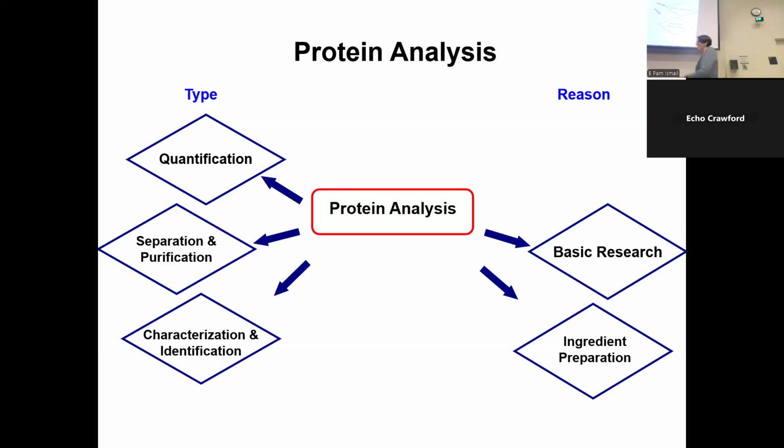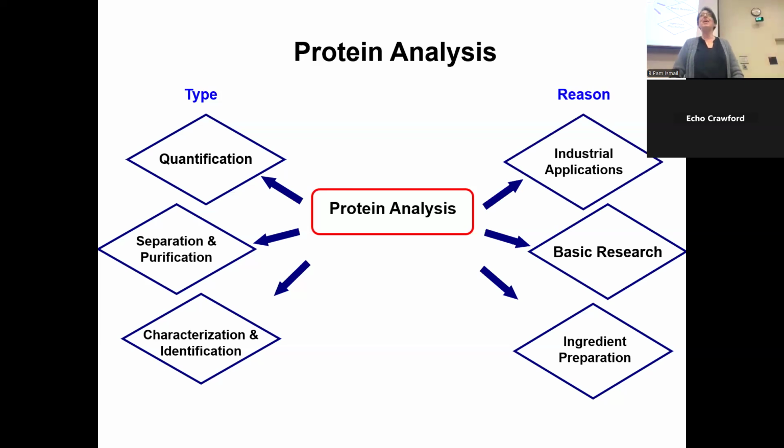We're doing research to understand different types of proteins, characterize them, identify them, see where they are applicable. So basic research. Okay, what else? The last thing. Yeah, industrial application. Once we're able to produce the ingredient and characterize it, then we can determine where best to apply it.